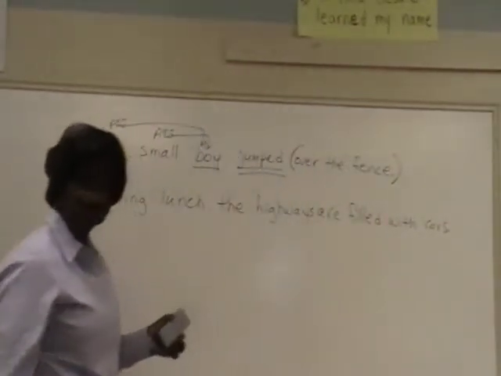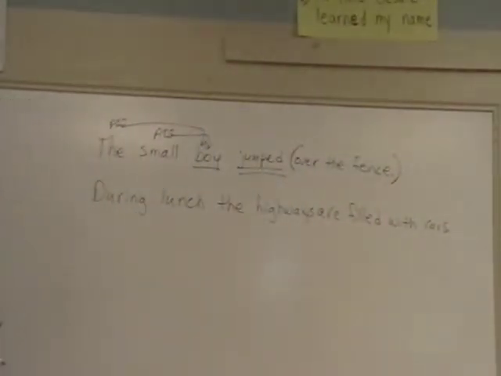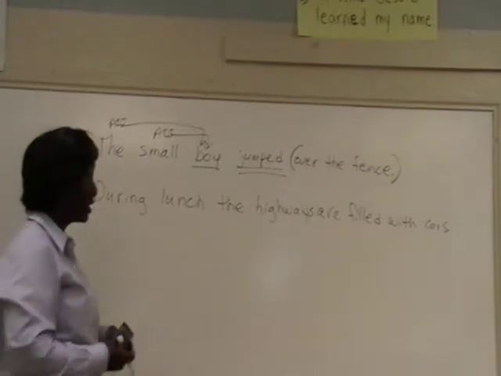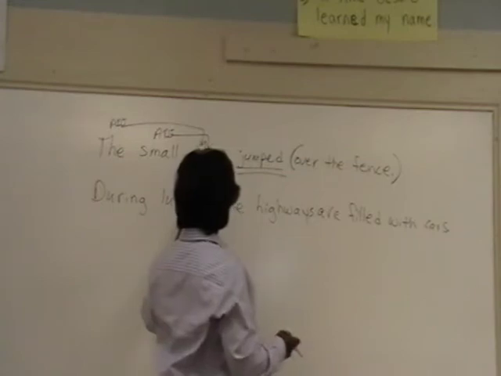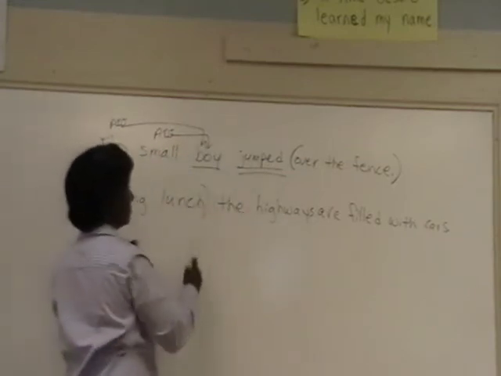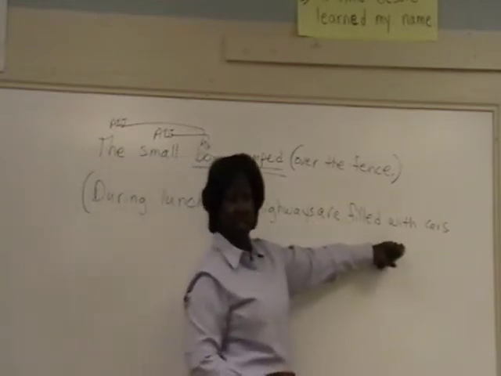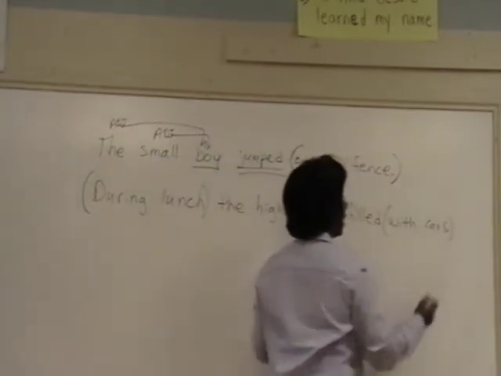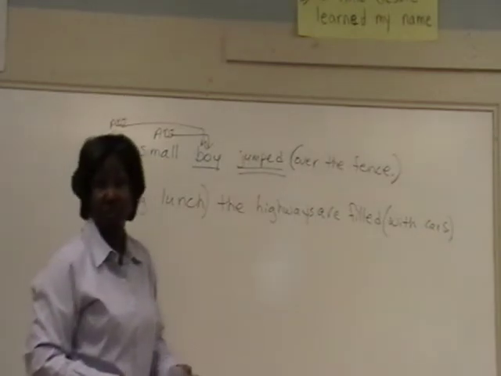Do you have any conjunctions of any kind? No, you do not. Do you have any parentheses that you need to put around your prepositional phrases? You've got during lunch, with cars. You may ask, how do I know these are prepositional phrases?